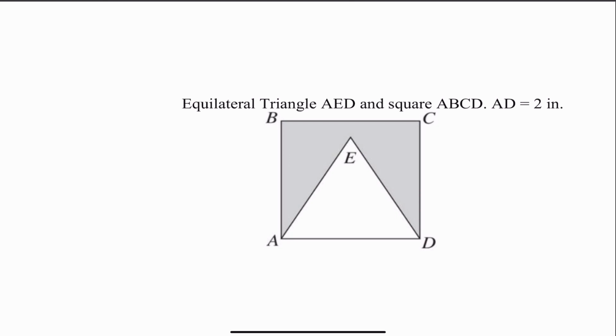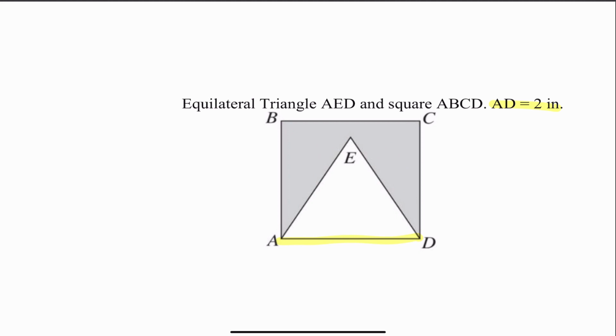Hey, we actually fooled you. This is actually the last problem of today's notes. You're given an equilateral triangle, which we call AED, and you have a square ABCD, where we say that AD is 2 inches. So your goal here is to find the area of the shaded region. And note, we have 2 figures here.